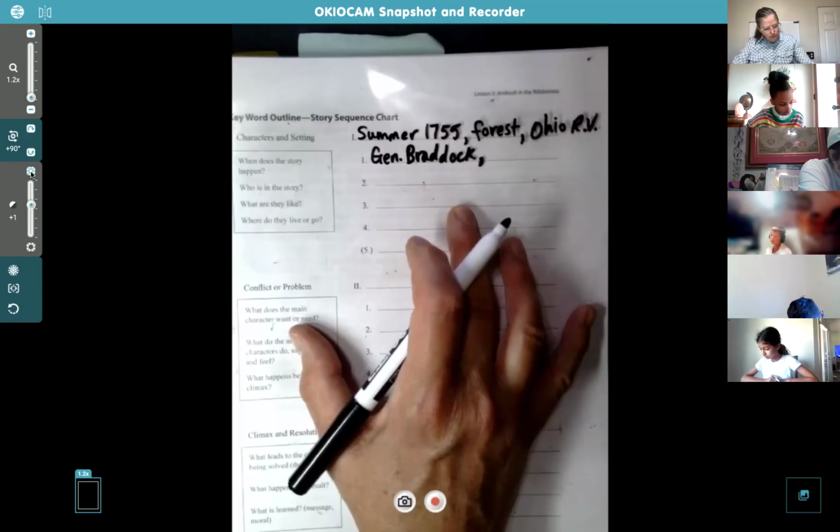George Washington. Mm-hmm. He was with George Washington, but before we talk about George Washington, look back at the beginning of the first paragraph. Who did he lead? Who was General Braddock leading? Which army was it? Look. British.